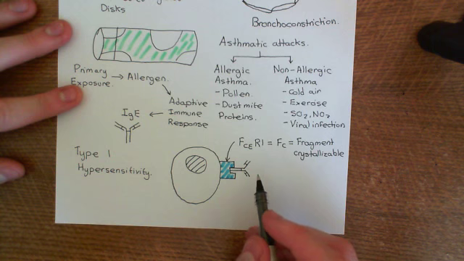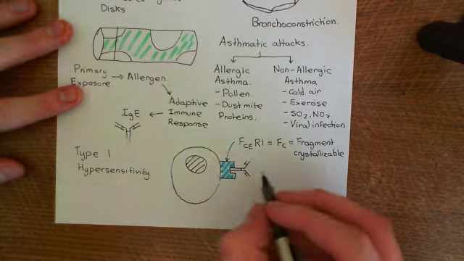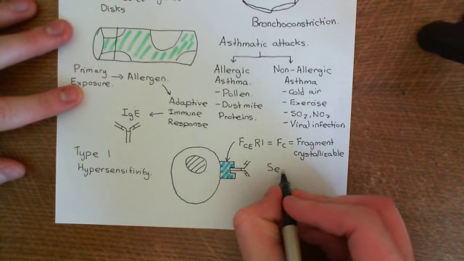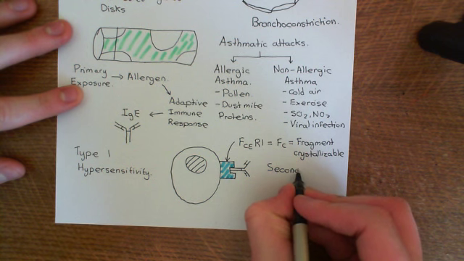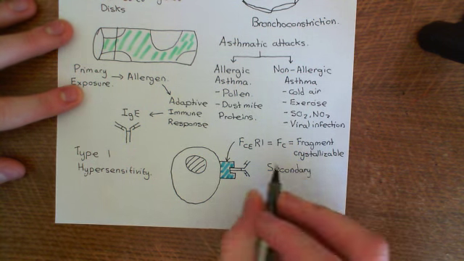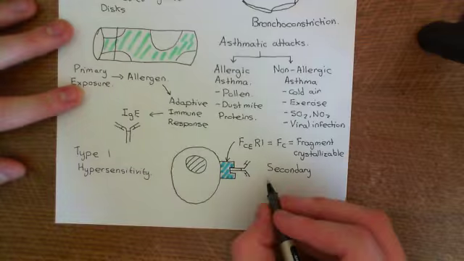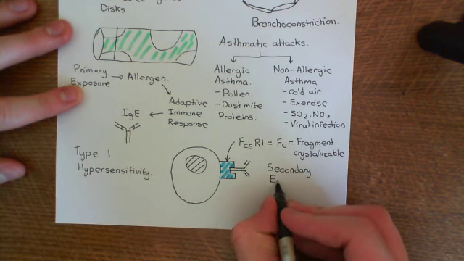Okay, so now what's going to happen is you're going to get secondary exposure to the allergen, okay? So, long ago you had the primary exposure, the first ever time you were exposed to this allergen.